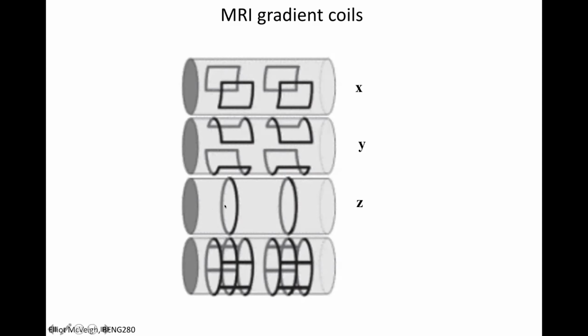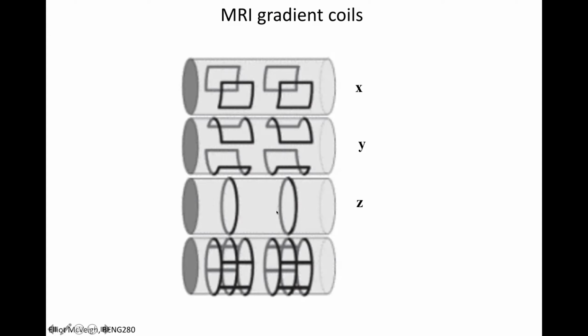If I put a current in a coil right here that's rotating in this direction, using the right-hand rule, if I put my fingers around the coil in this direction, I know that I'm going to produce more magnetic field in this direction. So at this point, my magnetic field will be 1.5 Tesla plus whatever contribution I get from this coil that's pulsed.